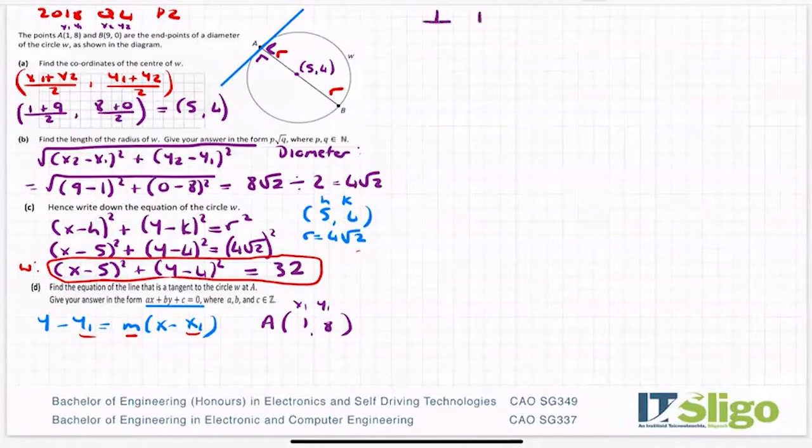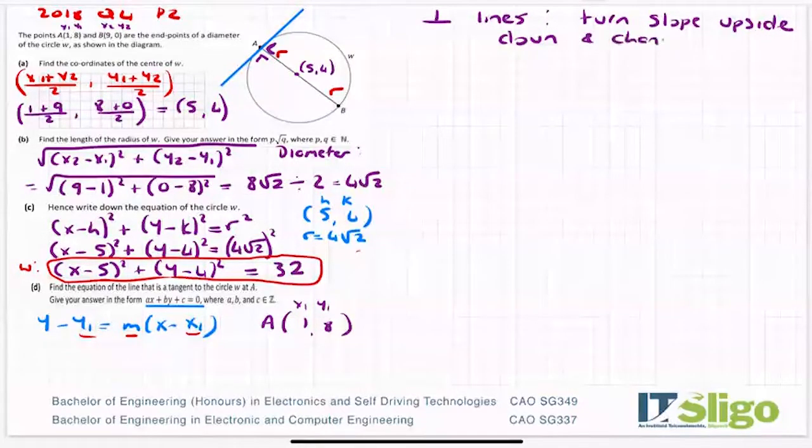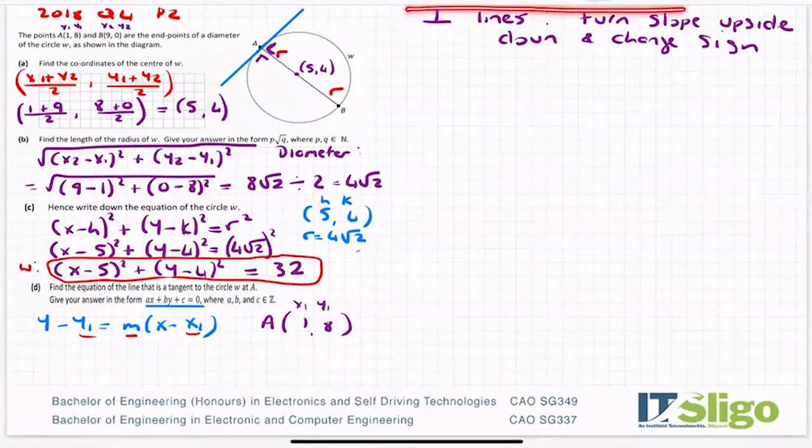For perpendicular lines, that's a math symbol for perpendicular, and it saves me having to write it out. If I have the slope of one line, I turn the slope upside down and change sign. So what does that mean in this context? That's the piece of theory you need to remember for perpendicular lines.